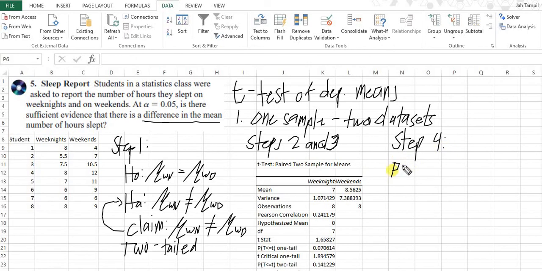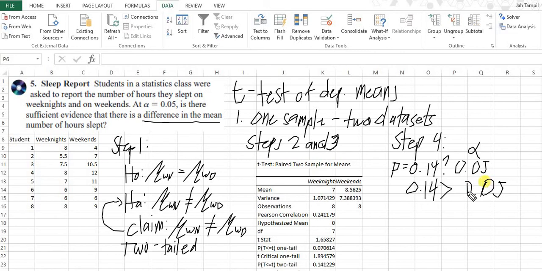So the P-value of 0.14 is compared to our 0.05, which is our alpha. And as we know, 0.14 is greater than 0.05.